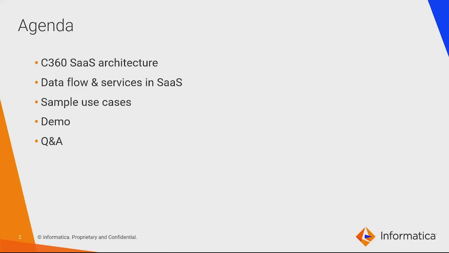Today, we are going to go over the following topics. C360 SaaS architecture is the primary topic, where we are going to do a quick refresher on what the C360 SaaS architecture looks like. Then we will take a look at the data flow and services in SaaS, where we'll understand the various microservices that are available and which ones are critical for these integrations.